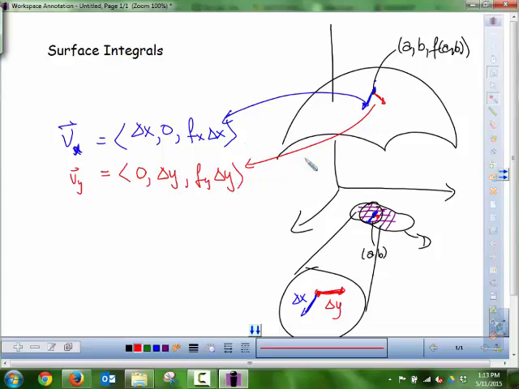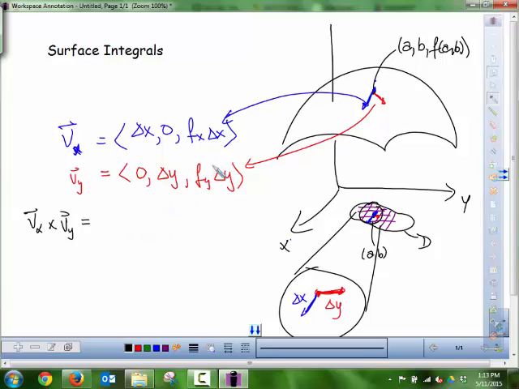All right, so I want to cross them in a particular order. I want to cross the first independent variable, which is x, and then the second independent variable, which is y. So I'm going to cross the x first. So Vx cross Vy.